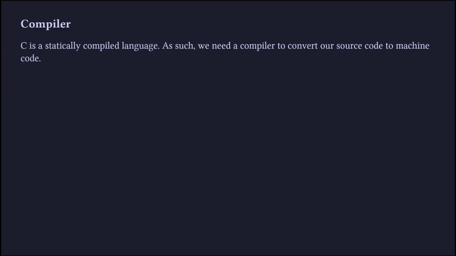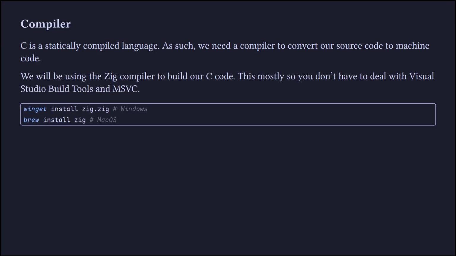Because C is statically compiled, we need a compiler to turn our source files into binaries that we can actually run. We can't just run a C program on its own. We're going to be using Zig for our C compiler. There's a couple of other ones like LLVM's Clang or Windows's MSVC.